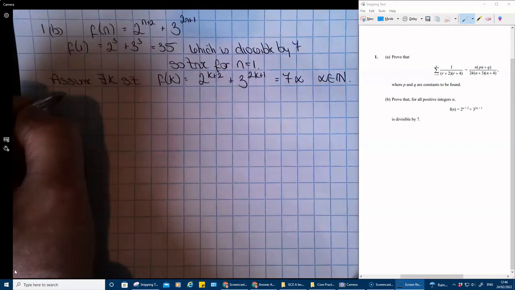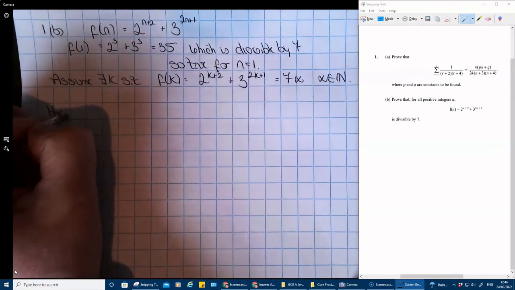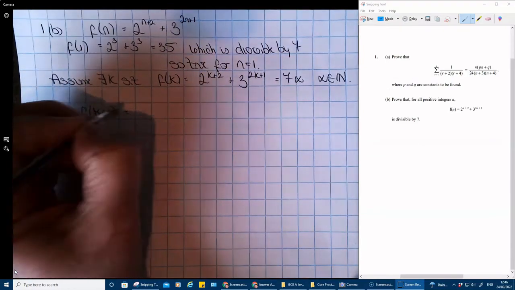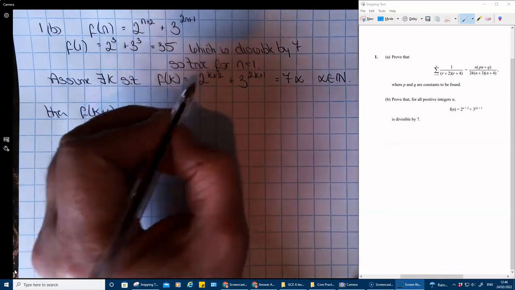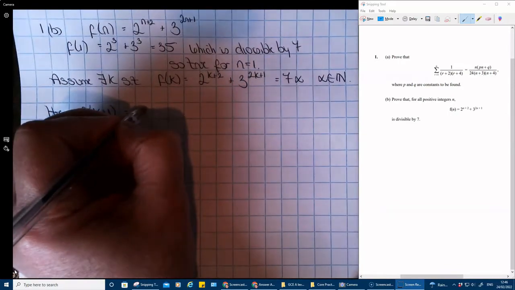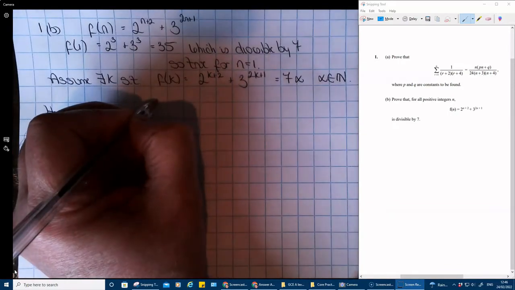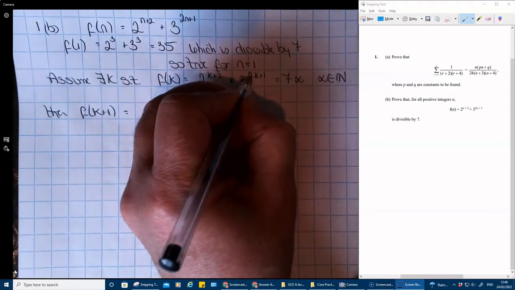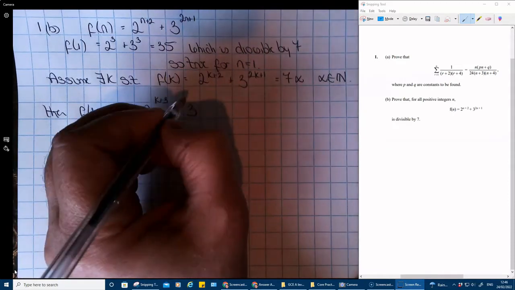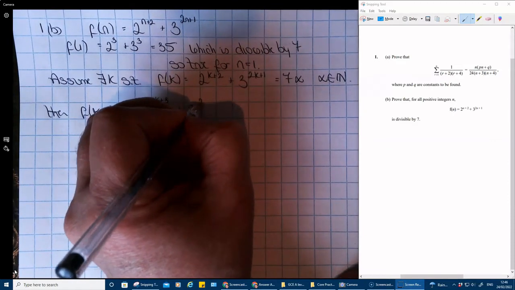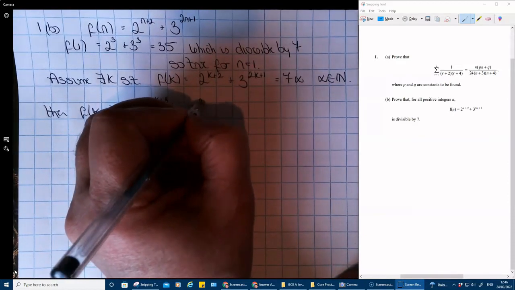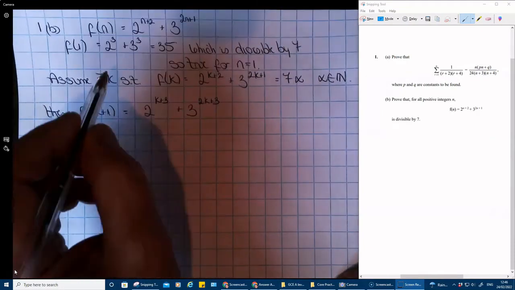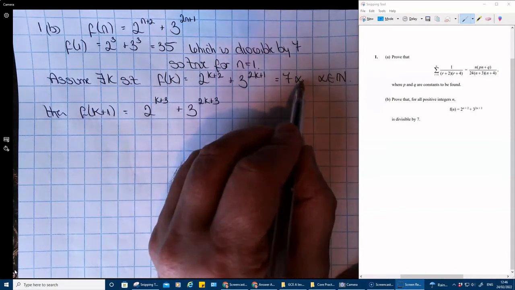Okay, so then f of k plus 1. Replace all the k's with k plus 1, we get 2 to the k plus 1 plus 2, which is k plus 3, and 3 to the 2 lots of k plus 1 plus 1, which is 2k plus 3. Now somehow I've got to write this in terms of f of k, because I know that's a multiple of 7.